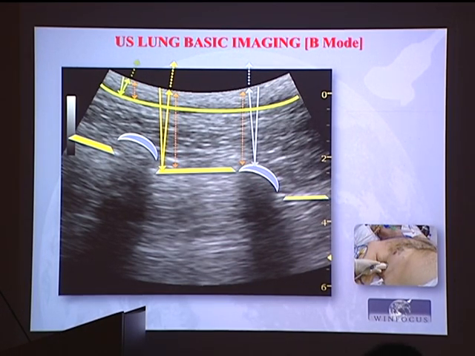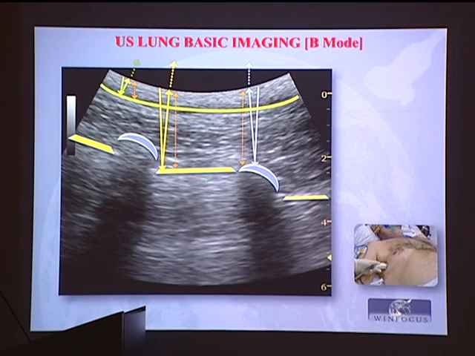So you see that looking at the sonographic images, you should start the second step of interpretation, that is the anatomopathological interpretation. So this is just a hyperechoic line. This is another hyperechoic line that I will call a pleural line. What are the anatomical components of the pleural line?